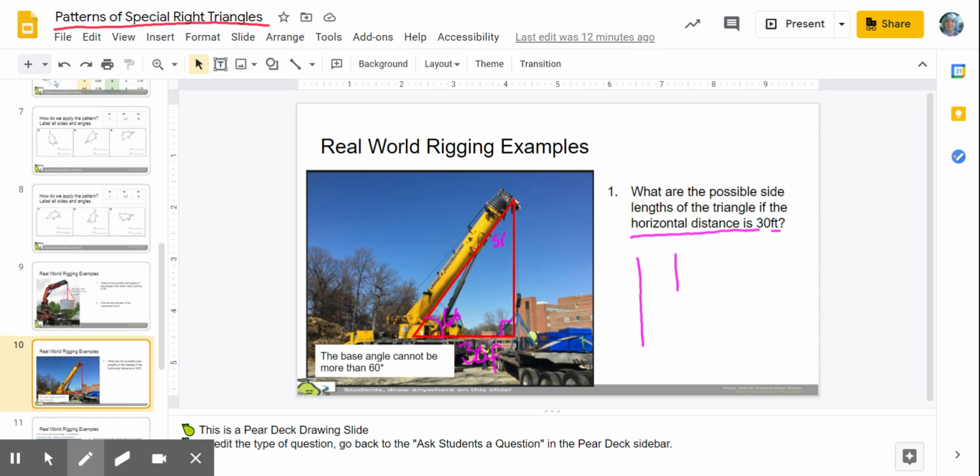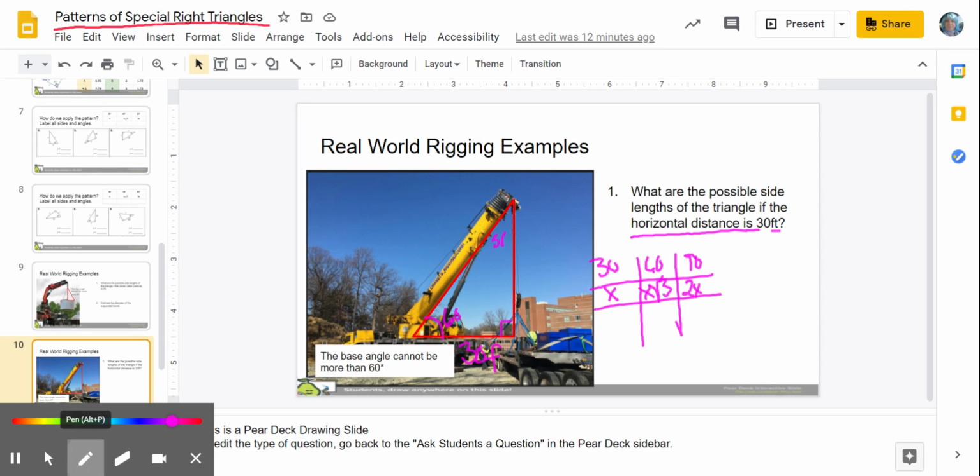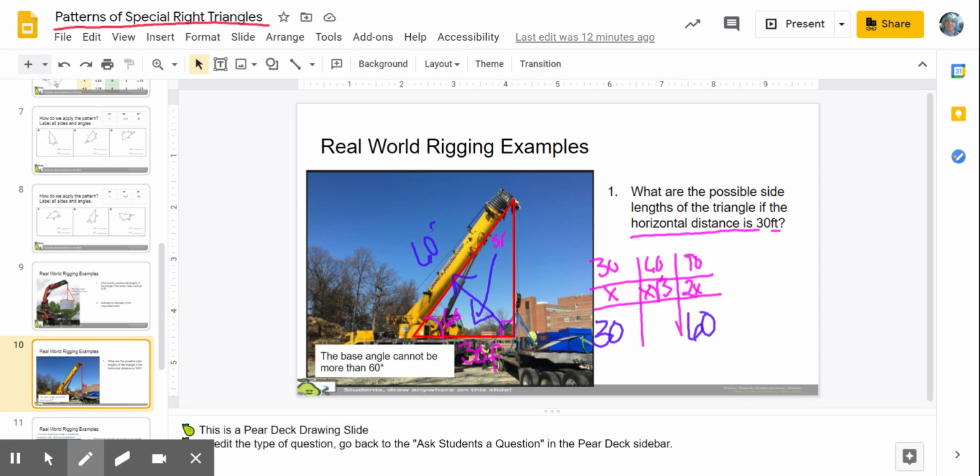And if we make our little chart, 30, 60, 90, x, 2x, x square root of 3, where does that 30 feet go? The 30 feet is the x because it's opposite the 30 degrees. So what's the easiest thing to find? So what's the hypotenuse? 60.